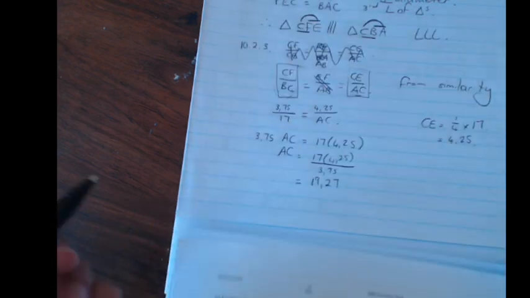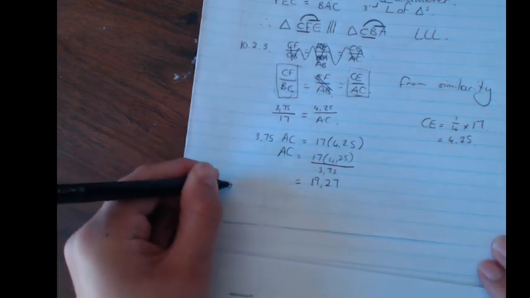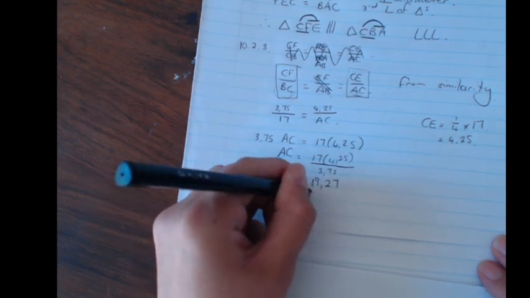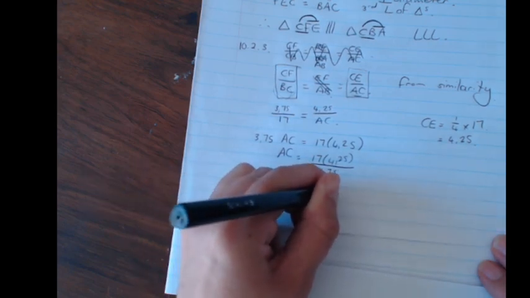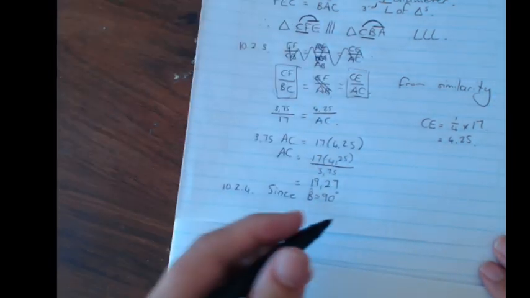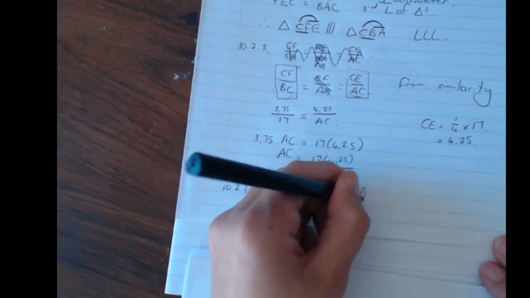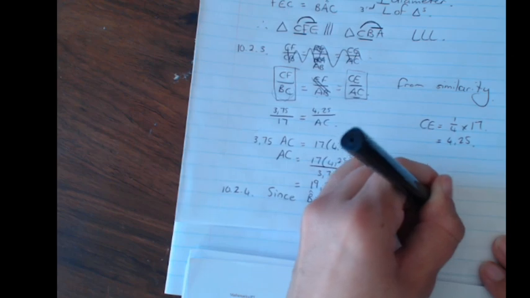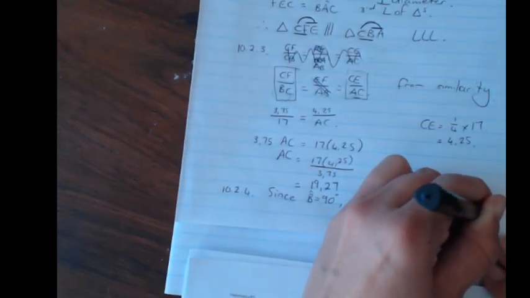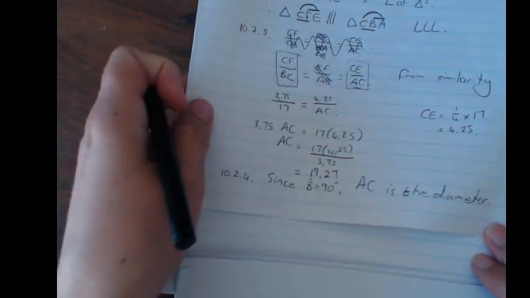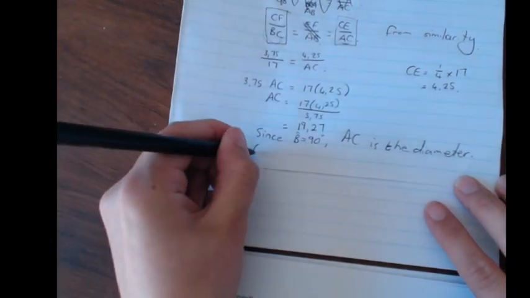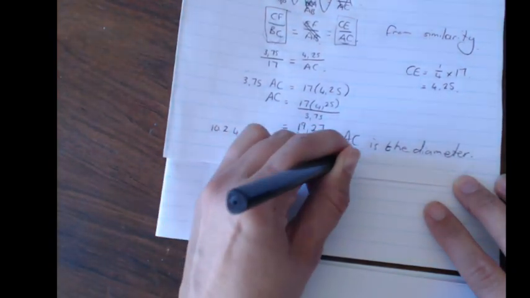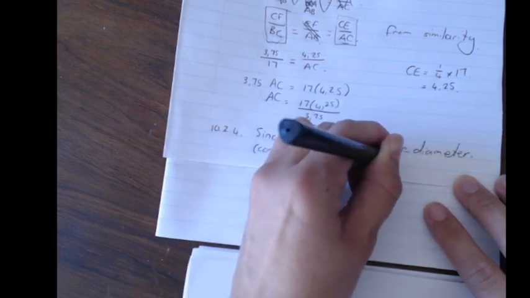So since B is 90 degrees, I already stated that earlier, AC is the diameter. The reason I'm using here is the converse of angle in semicircle.